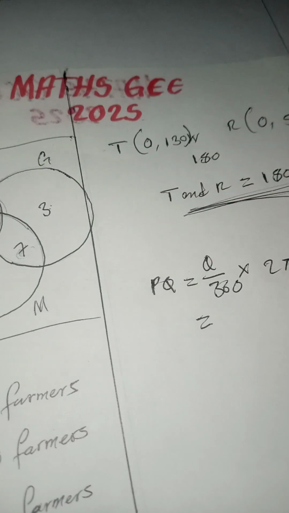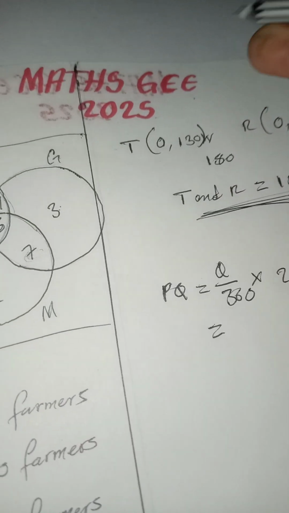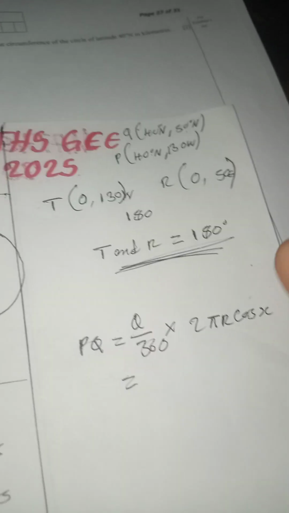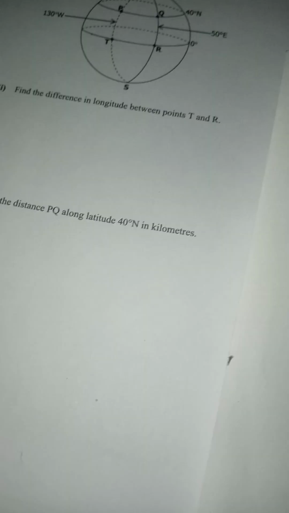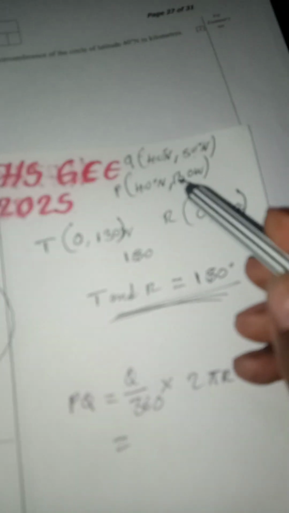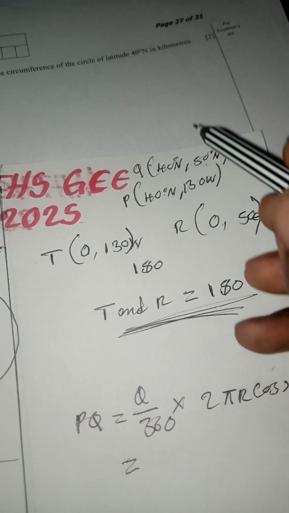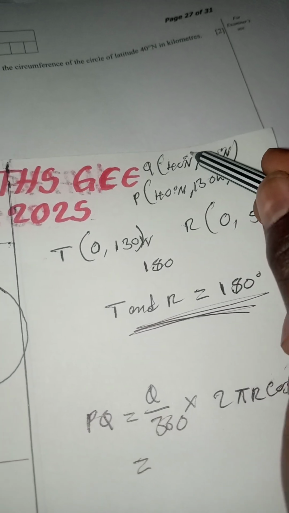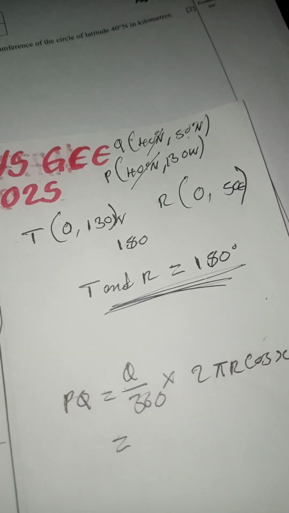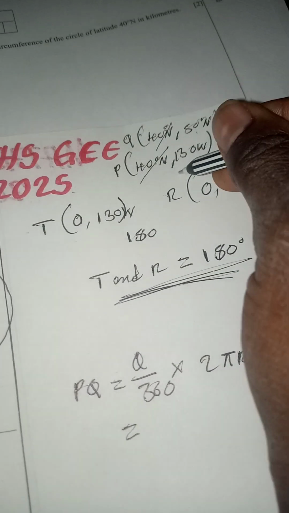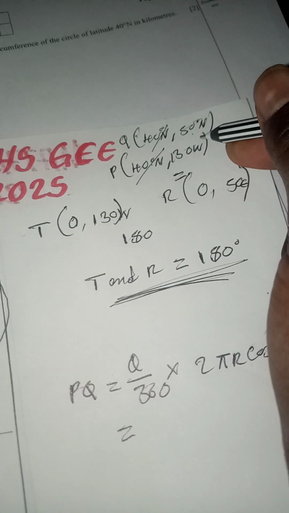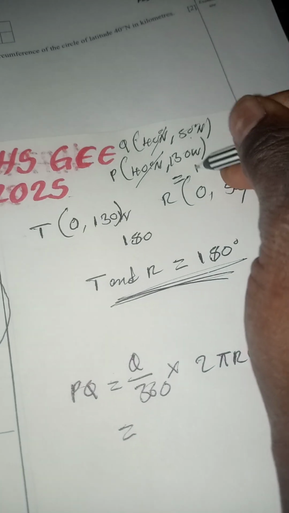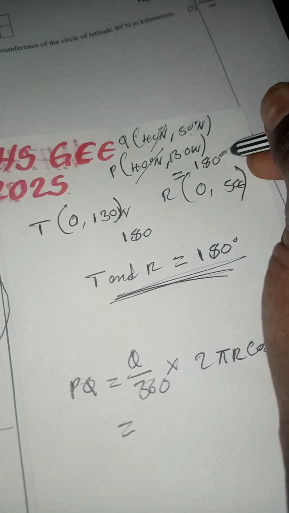First of all, let me find the coordinates. The coordinates of PQ, which is the distance that we have been told to calculate: the same sign, they cancel each other, and different, they add up. So we have the difference in latitude, which is 180 degrees.